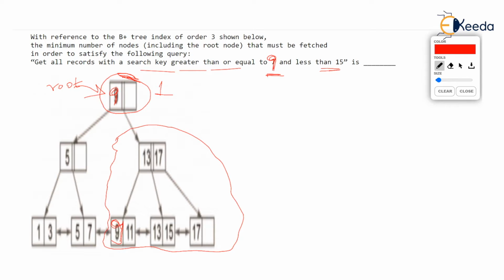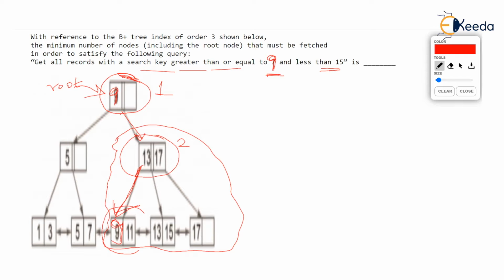So we reach this node, 13, 17. And we quickly know that 9 must be to the left of 13 because it is less than 13. So we are taken to the node which stores 9, 11. So this is the second node we have fetched. Which one? 13, 17 is the second node. And we have reached the third node which is storing 9, 11, and hence we have got 9 finally.